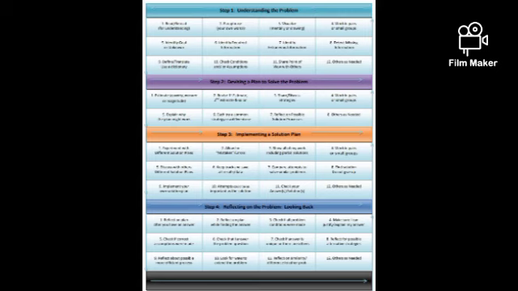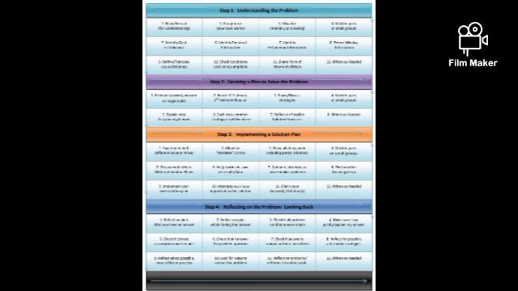Again, we have the steps in the 4-step solution to problem solving in mathematics. These steps are again based on Polya's 4 principles of problem solving.